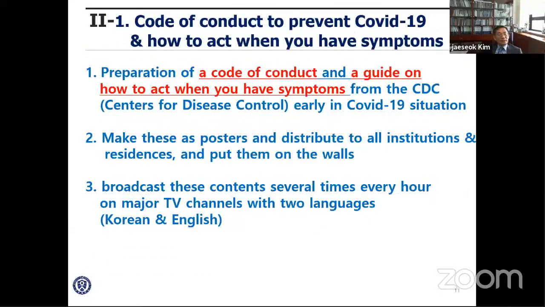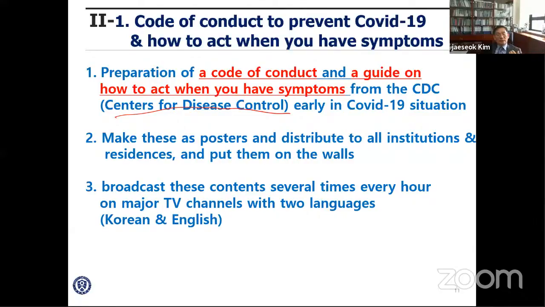Well, in the early stage of the COVID situation, our CDC, the Center for Disease Control, prepared the code of conduct and a guideline on how to act when you have symptoms. Then they made these into posters and distributed them to all institutes and residences.